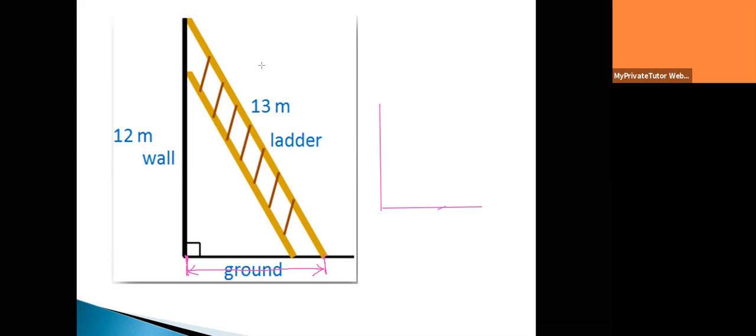The height of the triangle is the height of the wall, and the length of the ladder is the hypotenuse side, and the height is 12 meters. I hope you guys know how to find this length. Just use the Pythagoras theorem, guys.